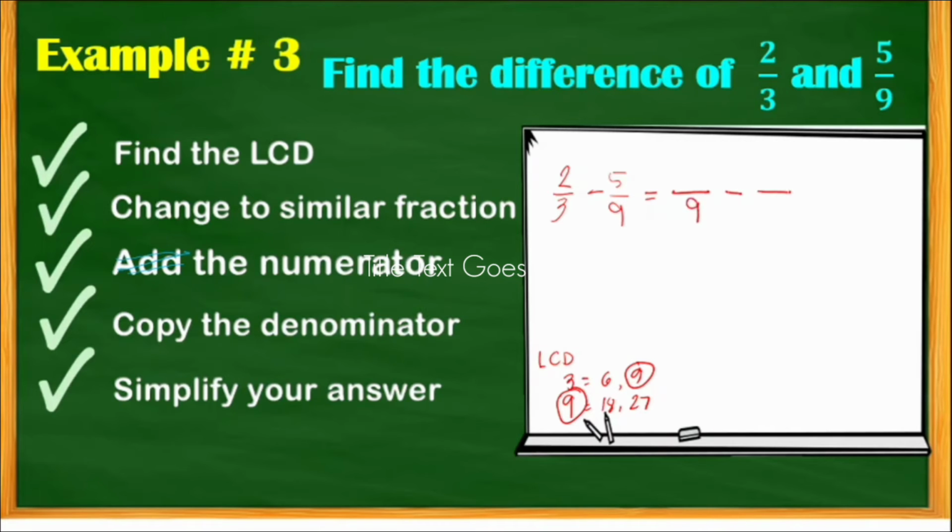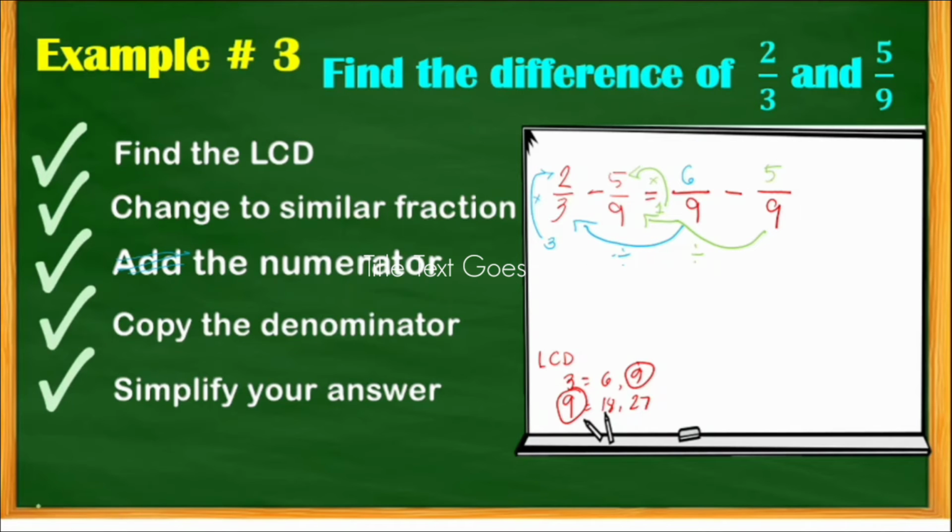Again, we're going to divide and multiply to make these similar fractions. 9 divided by 3, the answer is 3. And then 3 multiplied by 2, the answer is 6. And then 9 divided by 9, the answer is 1. Then 1 multiplied by 5, the answer would be 5.